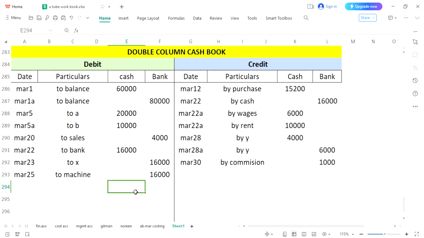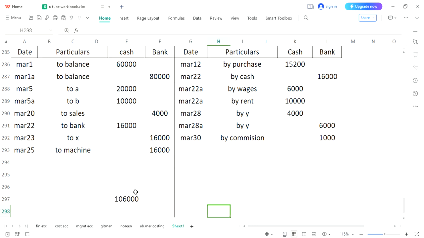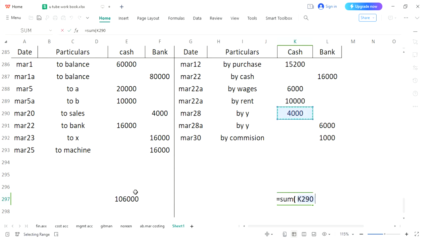Step number 1, we will take the sum of both sides. Here the sum of the debit side has been calculated, and now the sum of the credit side has been calculated. Compare. The larger sum will be picked.